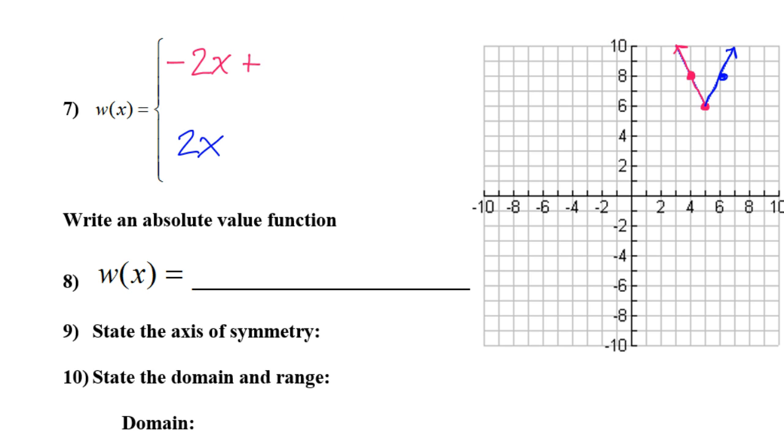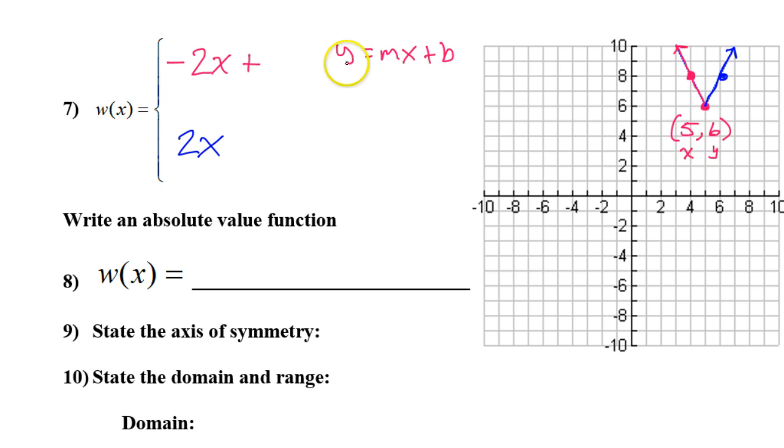So let's use the y equals mx plus b equation. So here's how you would do that. Thinking of y equals mx plus b, I propose using the vertex for x and y. Now the vertex here is the point, let's see, 5, 6. Okay, that's x and y for the vertex.